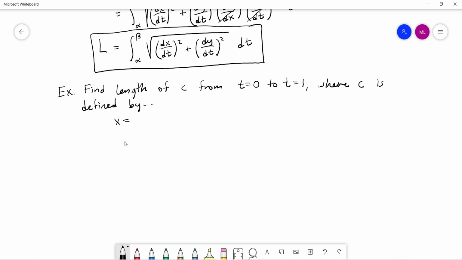X is equal to 1 plus 3t squared, and let's say that y is equal to 4 plus 2t cubed.